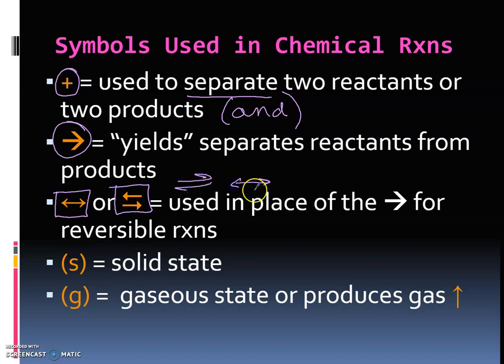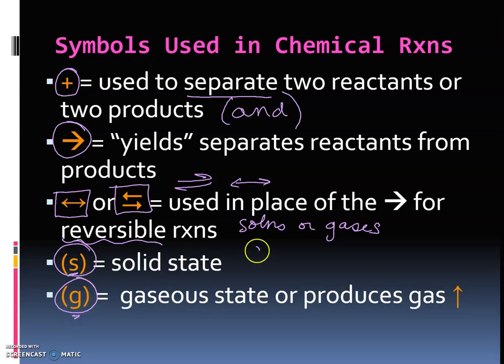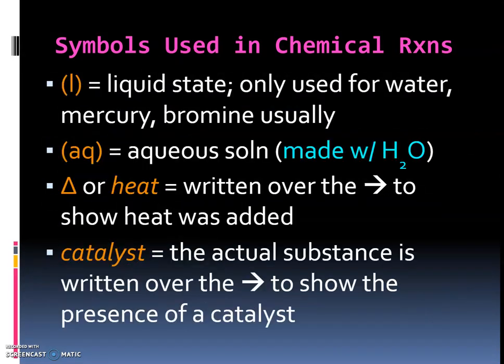They mean the same thing, and that means it's going to be possibly reversible, and that's usually in the case of solutions or gases at equilibrium. All right, and we talked about the s for solid, the g for gaseous. They're going to be lowercase s and lowercase g because capital S is sulfur, remember?